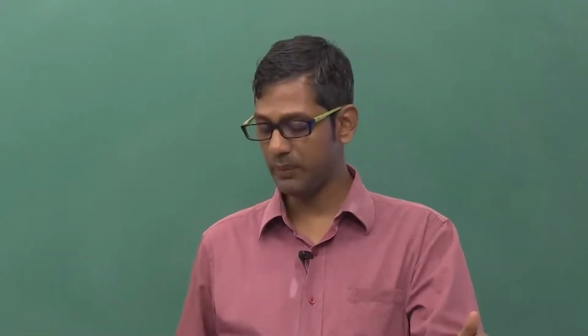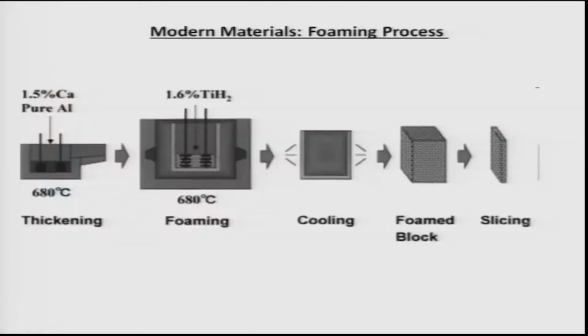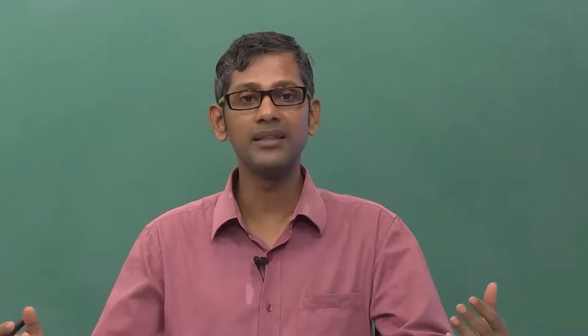This is shown as aluminum foam. You can have aluminum melt with a little bit of calcium, and then calcium stabilizes the foam. Basically foam is nothing but what you get when you put soap into a bucket and start stirring it, you will generate foam. But something else stabilizes these foams.